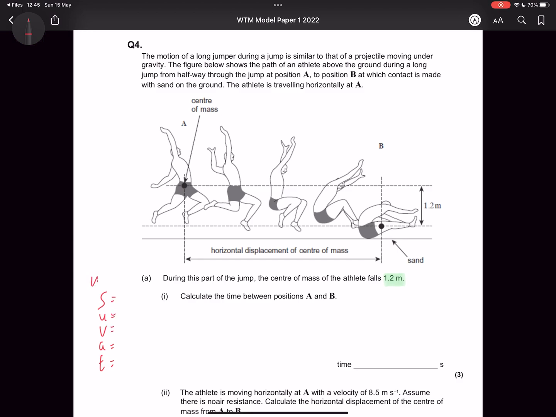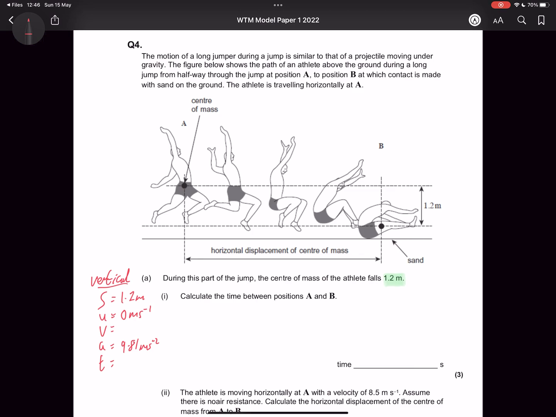Now, if we start in the classic way of writing down a vertical SUVAT for this situation, as the only value we've got is a vertical distance, we can check what we've got. So we know 1.2 meters for distance. We also know he's falling from a height that is the maximum, so u is 0 meters per second. And of course, acceleration is gravity, 9.81.